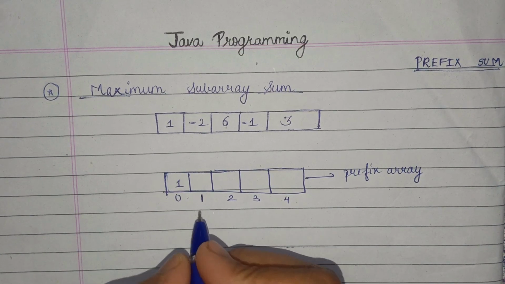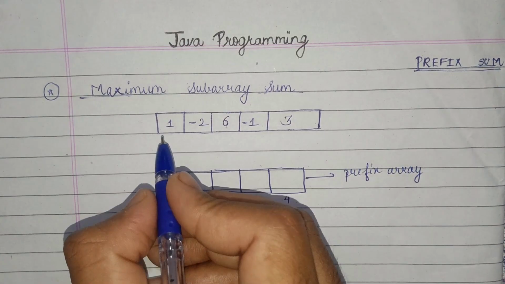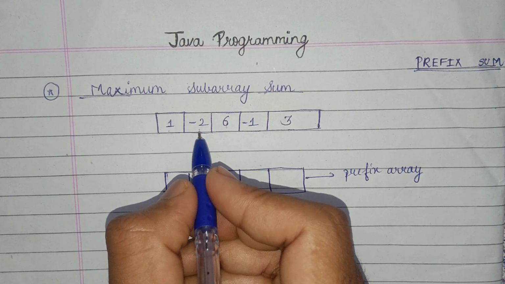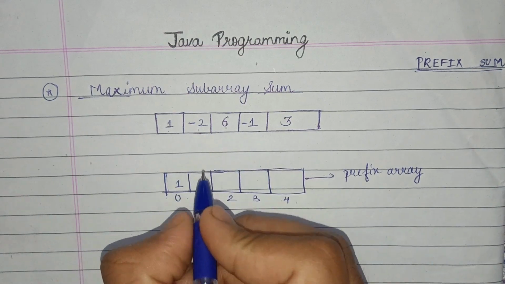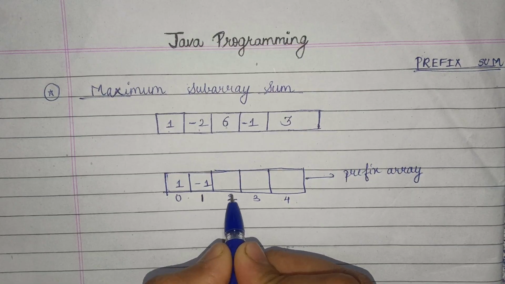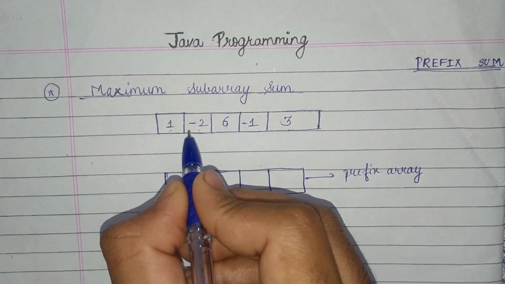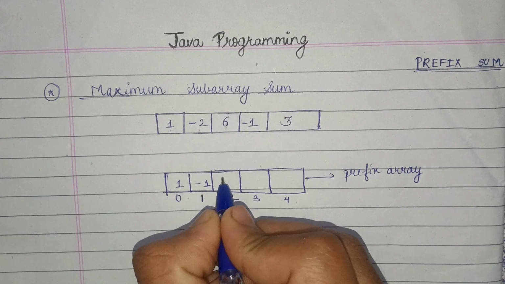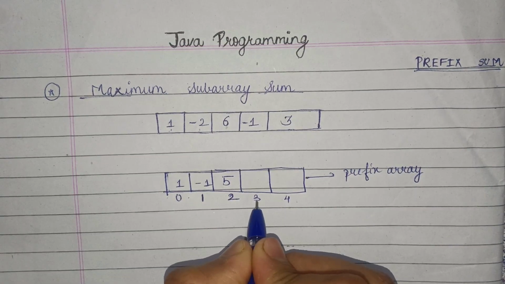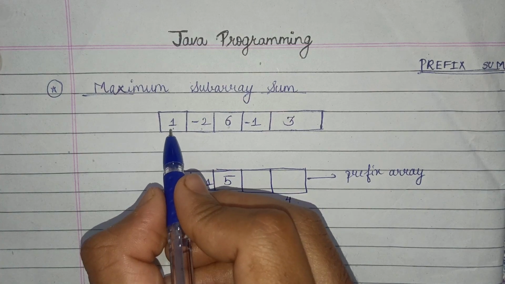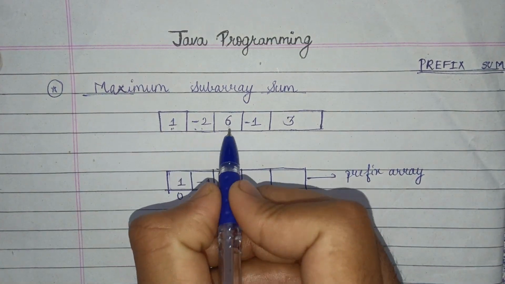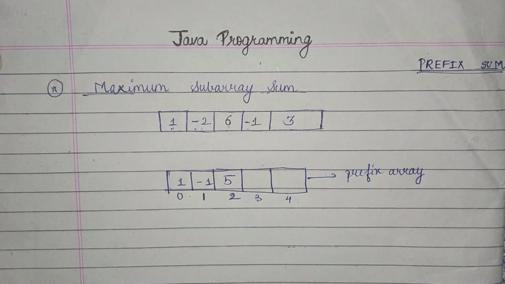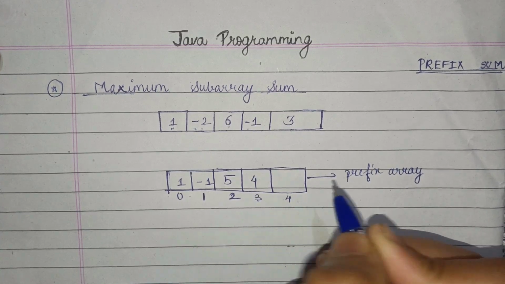Then in the first index we are going to store 1 plus minus 2, so its sum will be minus 1. In the second index we store 1 plus minus 2 plus 6, so its sum will be 5. In the third index we store 1 plus minus 2 plus 6 plus minus 1, so its sum will be 4.